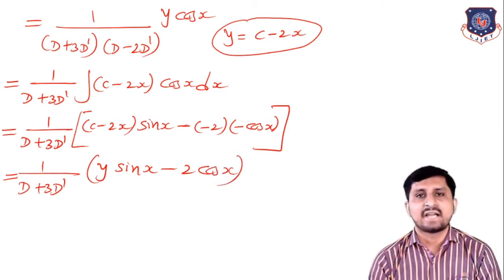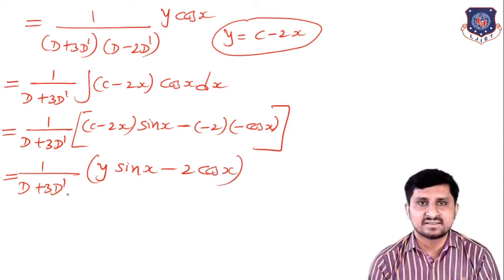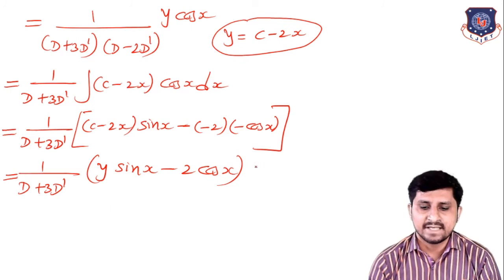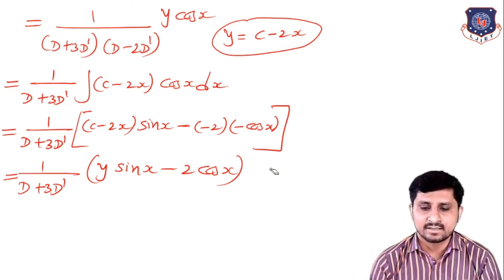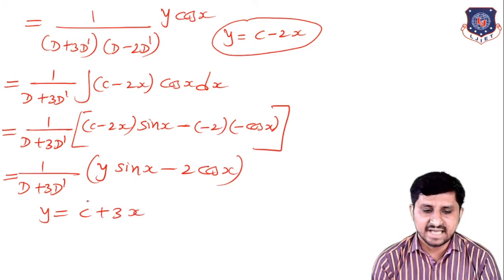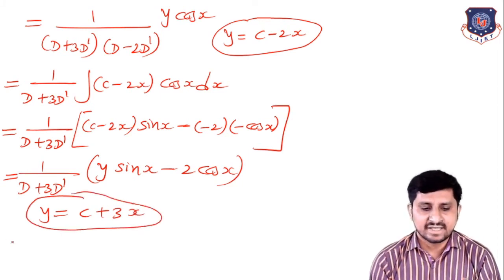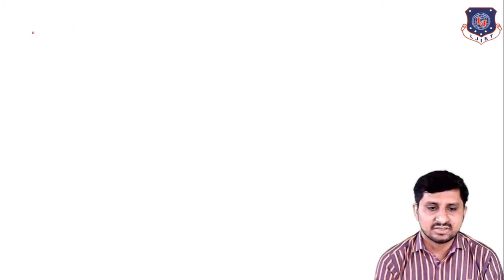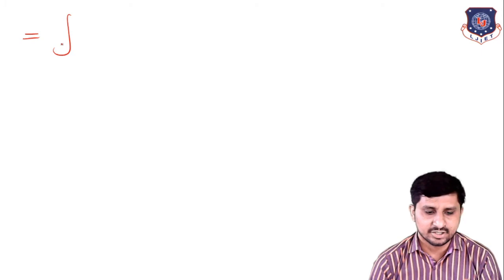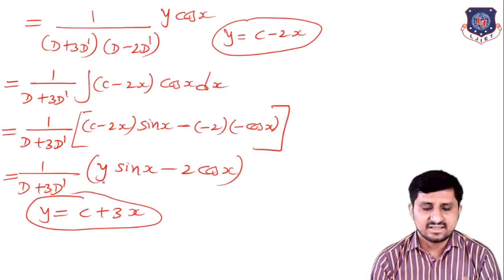Okay, now I want to operate 1 upon D plus 3D dash, so that's why replace y by c. I write here on the next line. So replace y, that is equal to c plus 3x. Okay, replace y by c plus 3x. So that's why this equal to, let me write on the next page. So this equal to integration, instead of y, I can write c plus 3x.